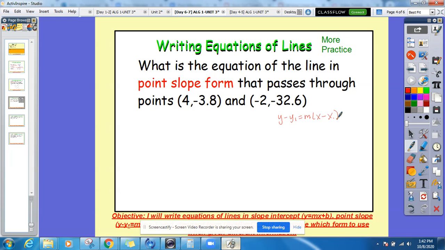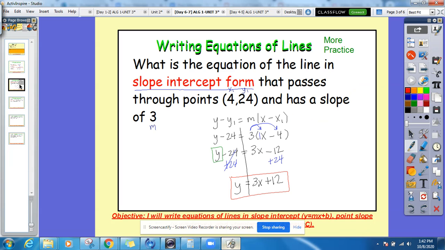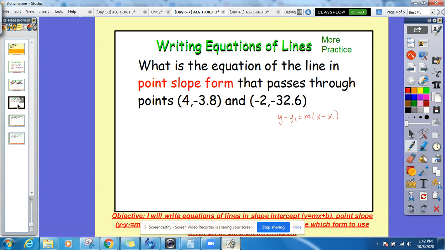Now, the problem is, before we were given the slope in the problem, right? Here we are not. So we have to calculate that slope first off to the side using our slope equation. If you remember, that's y2 minus y1 divided by x2 minus x1.